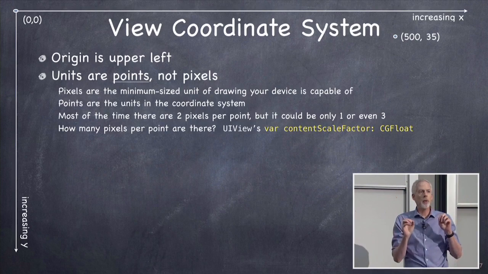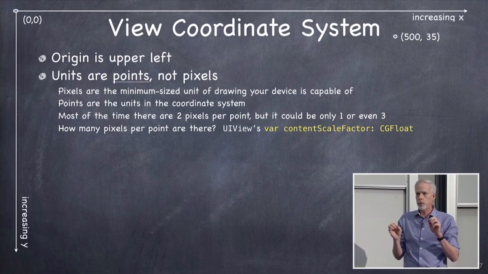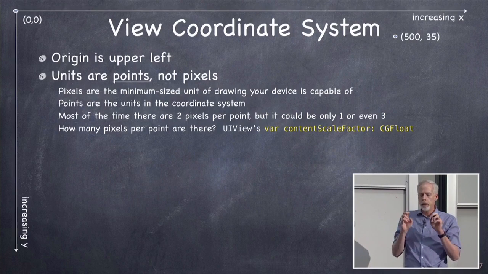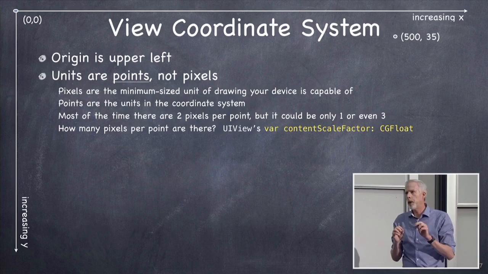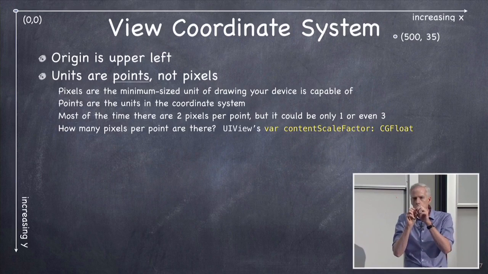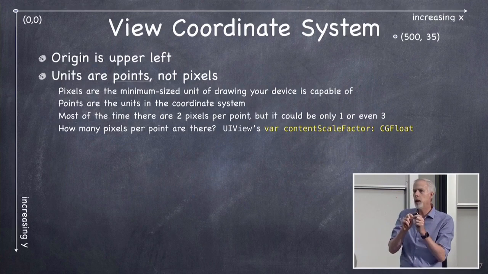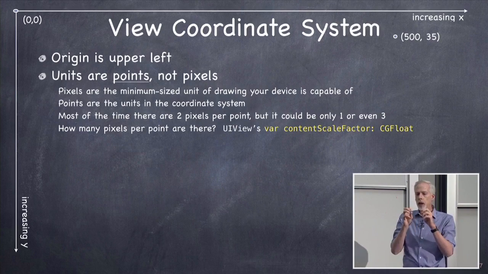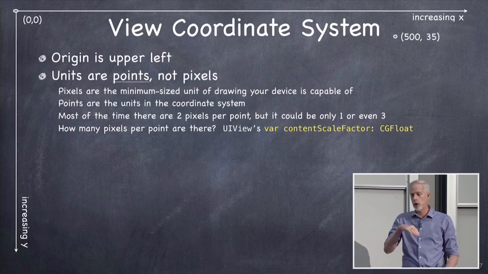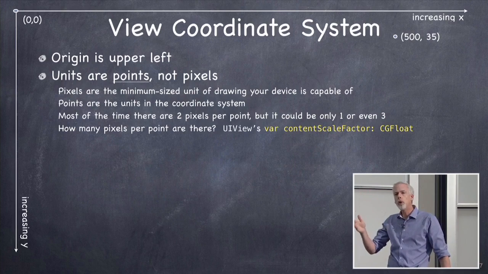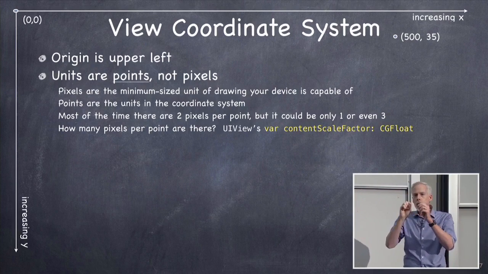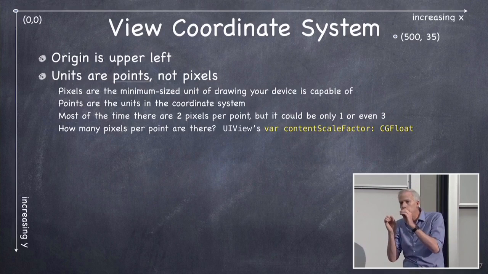Now, the units in here that we're drawing are points. Be very careful that you understand the unit terminology here. It's in points, not pixels. A pixel is the smallest possible little light that can be turned on on your screen. Some devices have a lot of pixels per point. They're very dense, and that's really great because if you're drawing smooth curves, like fonts, which are just smooth curves being drawn, you don't get jagged edges because there are so many tiny little pixels.